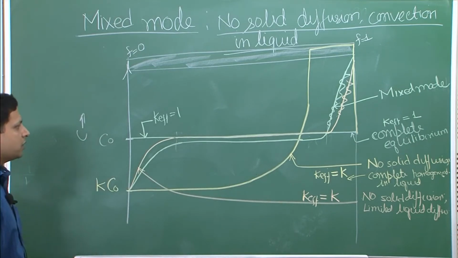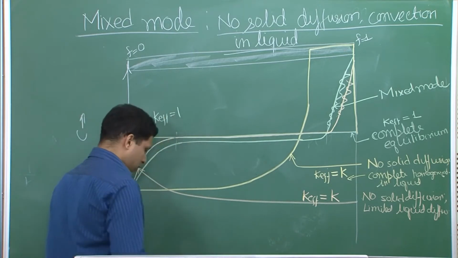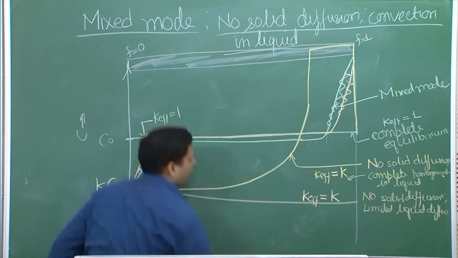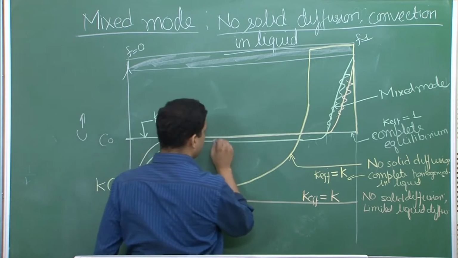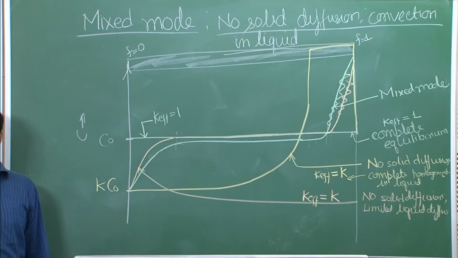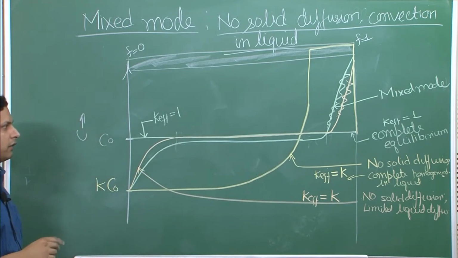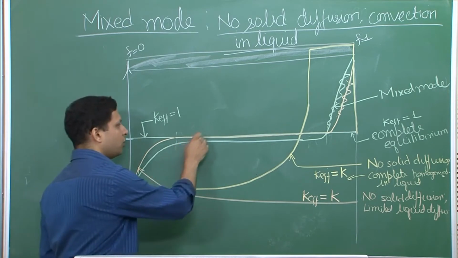For the last case, which was the mixed mode, over here we see that this K effective, here the concentration is constant, it is in steady state, but it is still less than the original or the whole value.